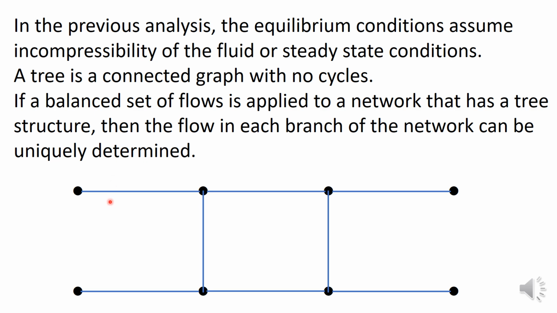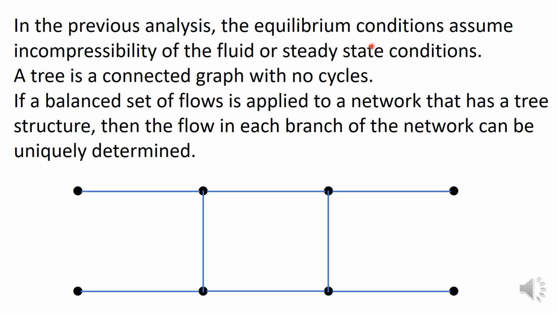For a compressible fluid, it's possible that the fluid will accumulate within the pipeline. For example, natural gas is compressible, so it's possible that the fluid will accumulate in the pipeline, or it will expand within the pipeline.